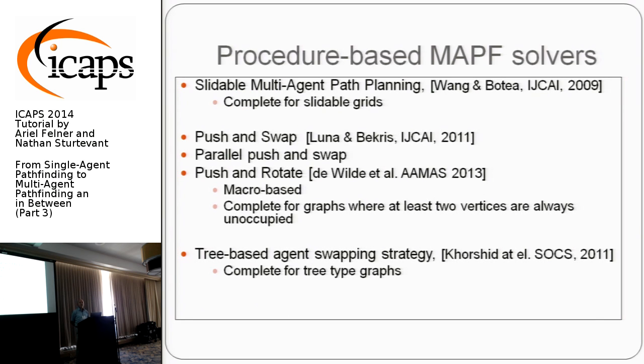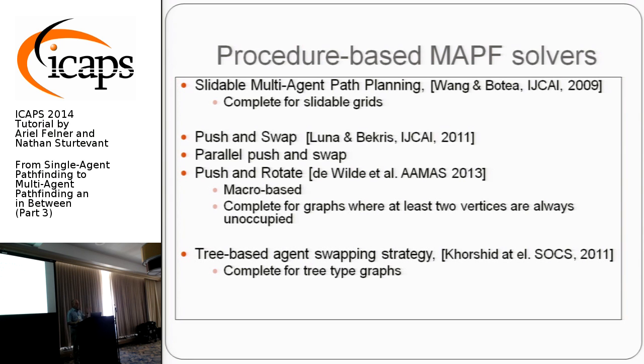There are a whole bunch of techniques that are doing similar things. There is slidable multi-agent planning by Adi Botea and his student. In some grids with an attribute called slidable, you can tell every agent where to go and everyone will get to their places very easily.